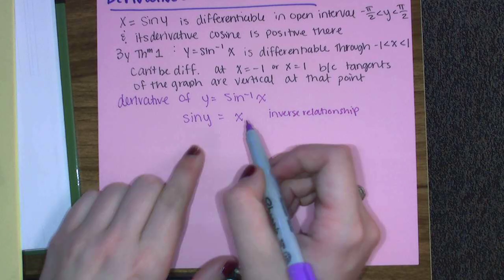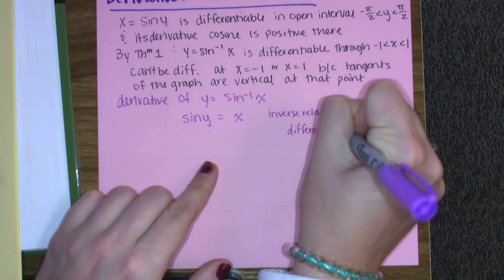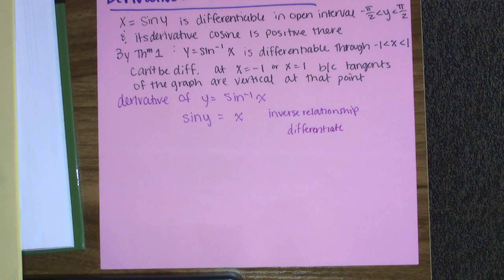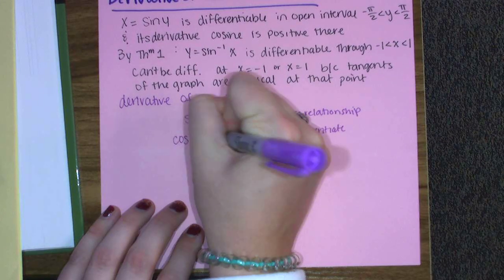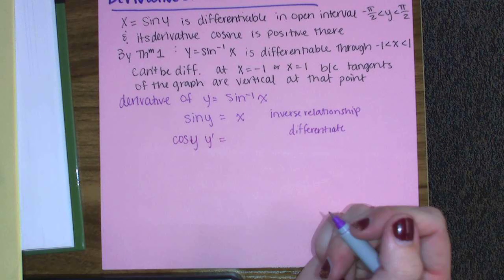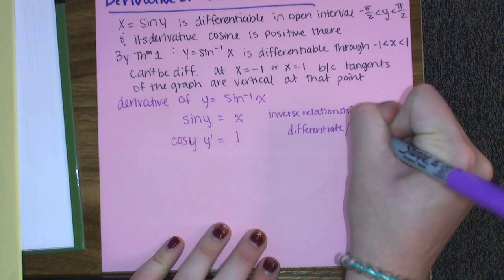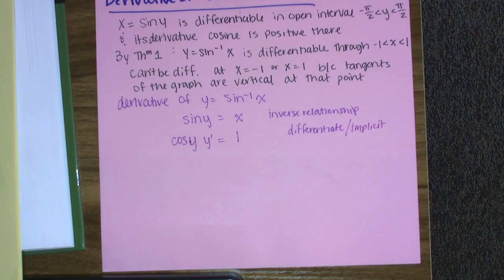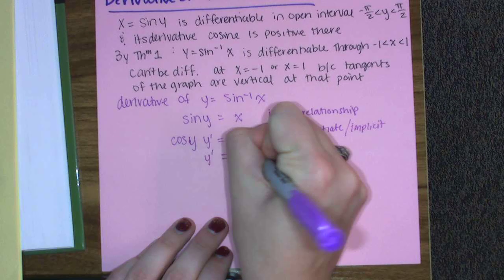If we differentiate here, if I take the derivative of this side, what do I get? Yep, cosine y times y prime. And then on the other side, 1. Differentiate implicitly, which you recognized, so that was good. So then we want to get y prime by itself, so y prime is equal to 1 over the cosine of y.